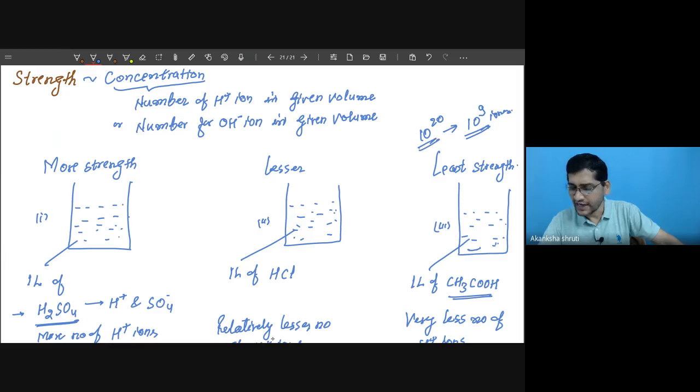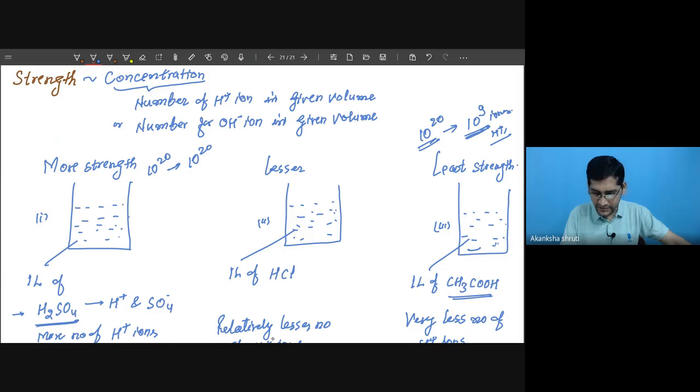Means this much is acetic acid molecule, but this much is hydrogen you will get. But in this case, if you have 10 to the power 20, then all of them will get ionized. You will get 10 to the power 20 ions.